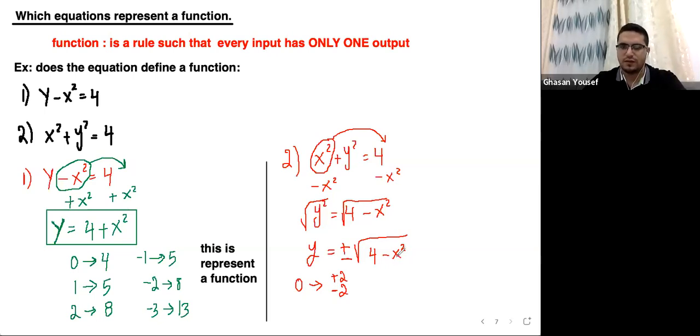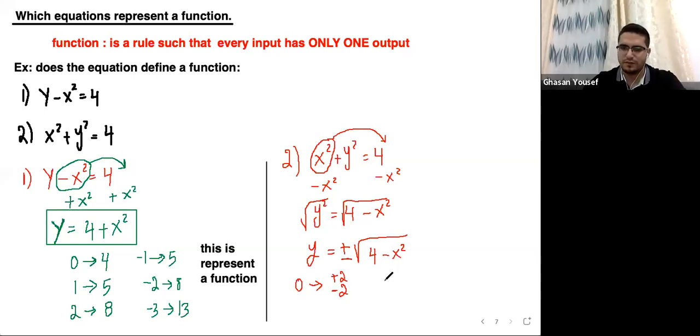Now, if I plug in the 2, because the 2 is easier. So for 0, they give me positive and negative. But if I plug in any number such that what is under the radical is positive, the numbers are supposed to be between -2 and 2.